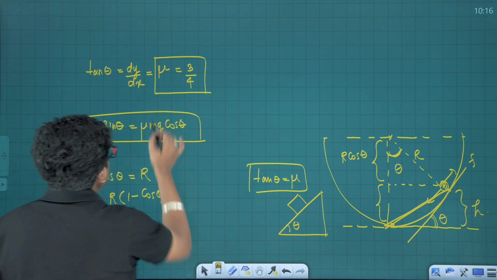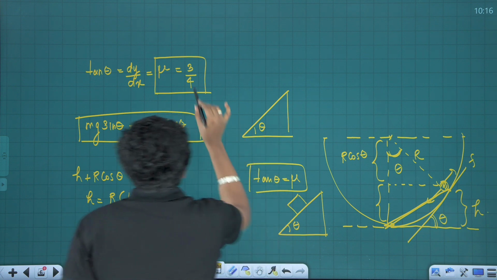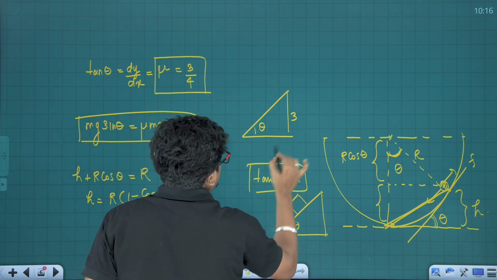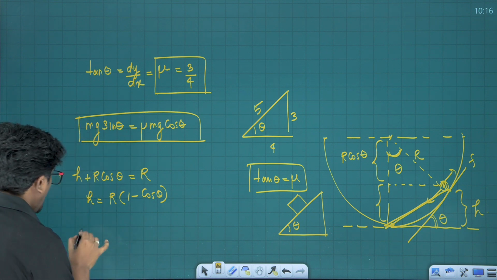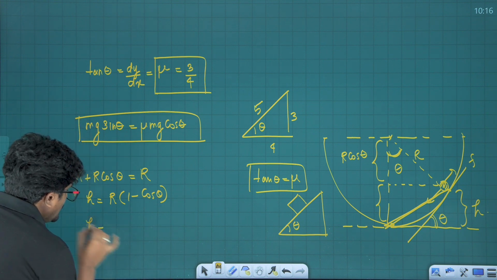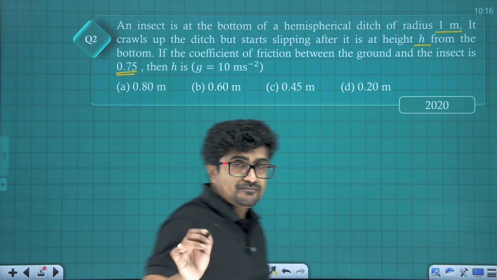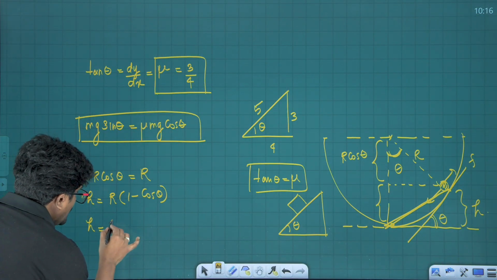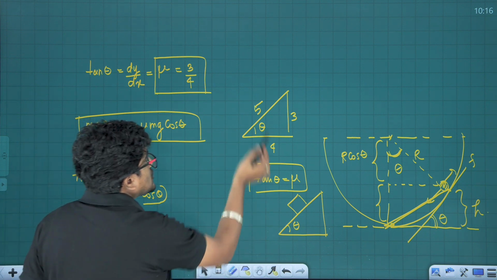Now we know that tan theta is 3 by 4. So here this is 3, here this is 4, and here this is 5. Now h is equal to, what is the R value? Capital R is given as 1 meter. So 1 into 1 minus cos theta. Cos theta is going to be 4 by 5.